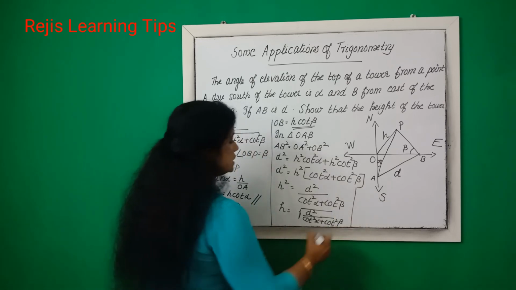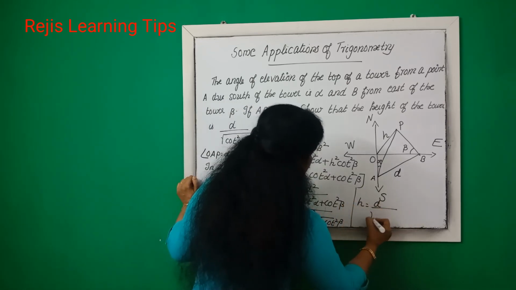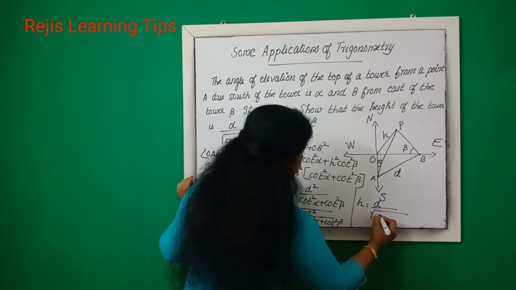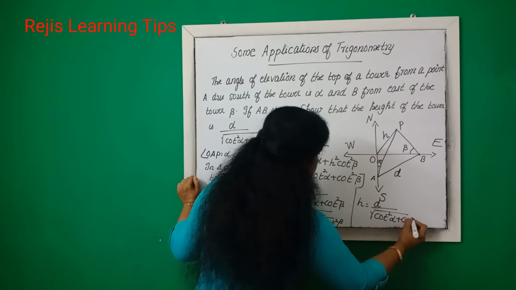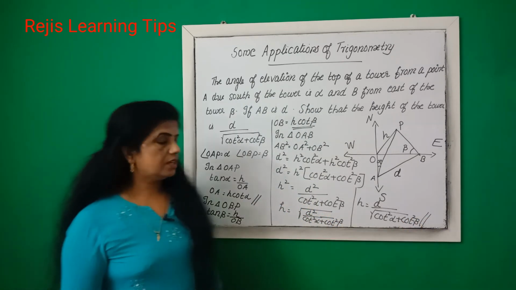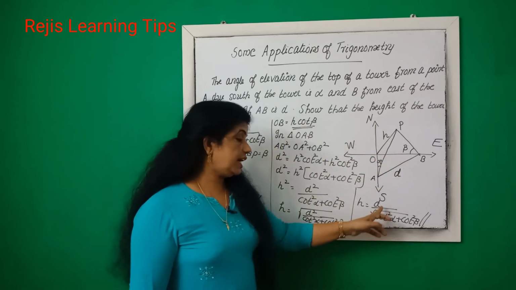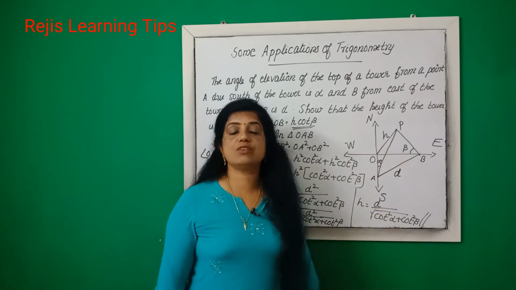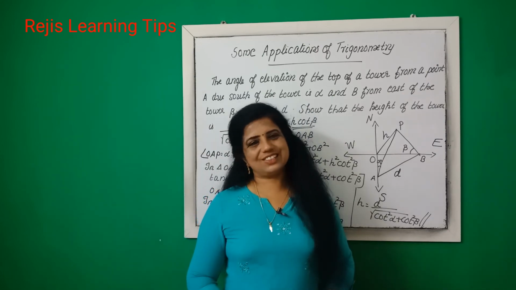That means H is equal to D divided by root of cot square alpha plus cot square beta. Therefore, the height of the tower is D divided by root of cot square alpha plus cot square beta. Understood? Okay.